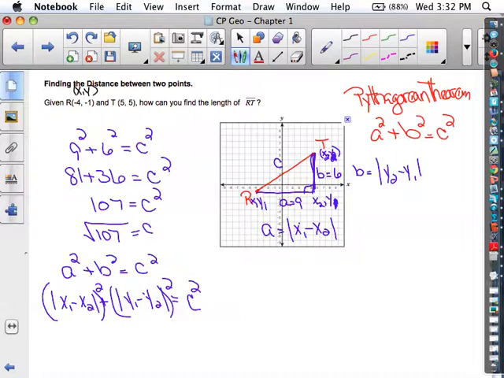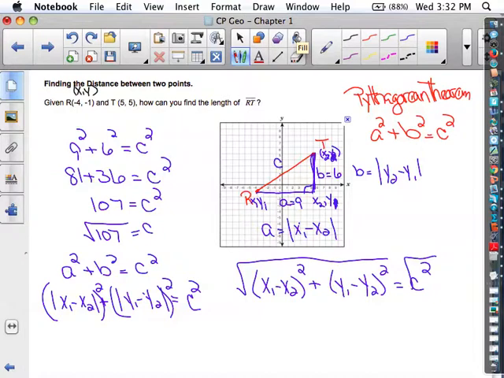We can drop the absolute value signs and just have x1 minus x2 squared plus y1 minus y2 squared equals C squared. Now to find C, we just take the square root of both sides. And so the square root of x1 minus x2 squared plus y1 minus y2 squared is C. And that is the distance formula.